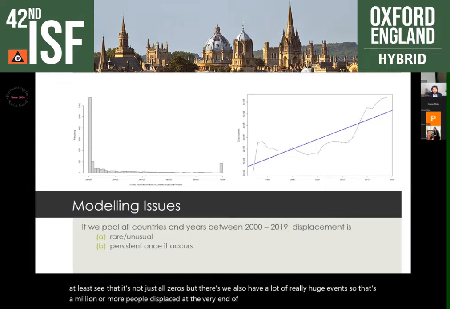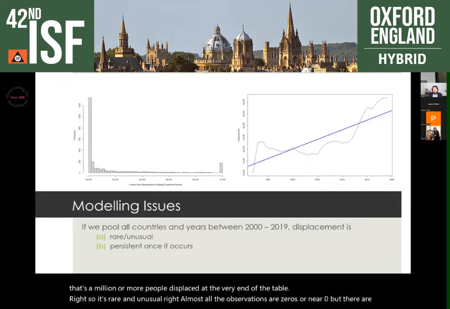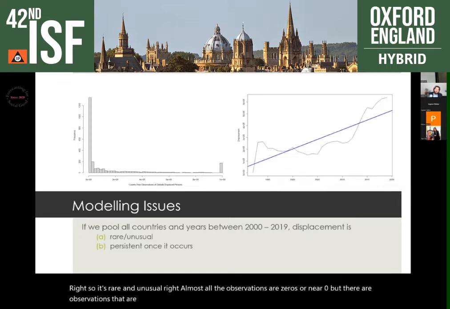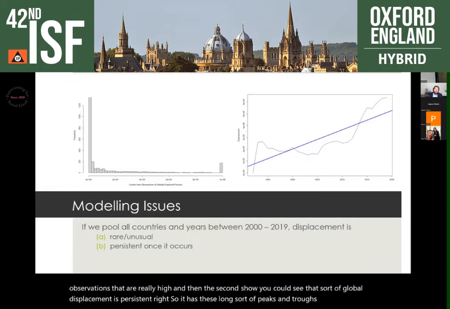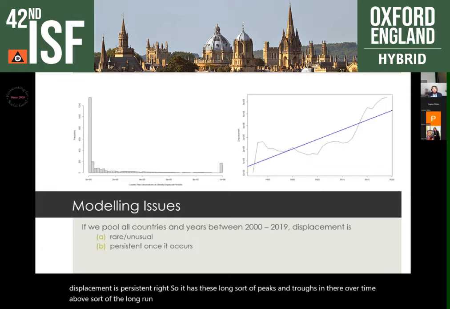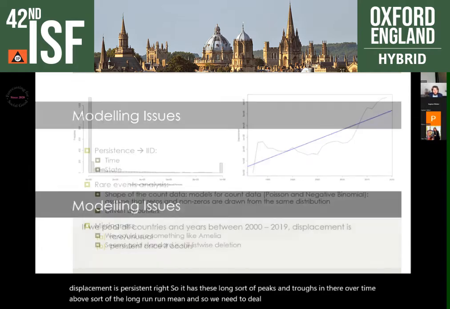So it's rare and unusual. Almost all the observations are zeros or near 0, but there are observations that are really high. In the second chart, you can see that global displacement is persistent, with long peaks and troughs over time above the long run mean. And so we need to deal with that level of persistence.